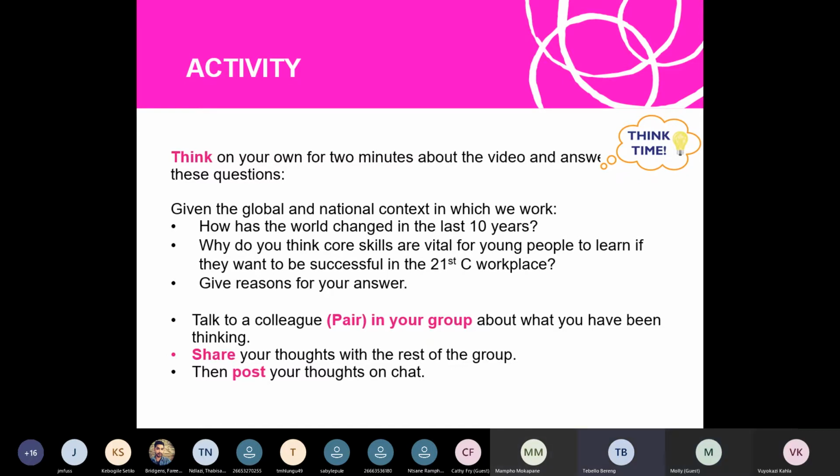I think we don't, because when you look at these core skills, if we can at least give them the digital literacy, then they will be able to. Absolutely. Thank you.